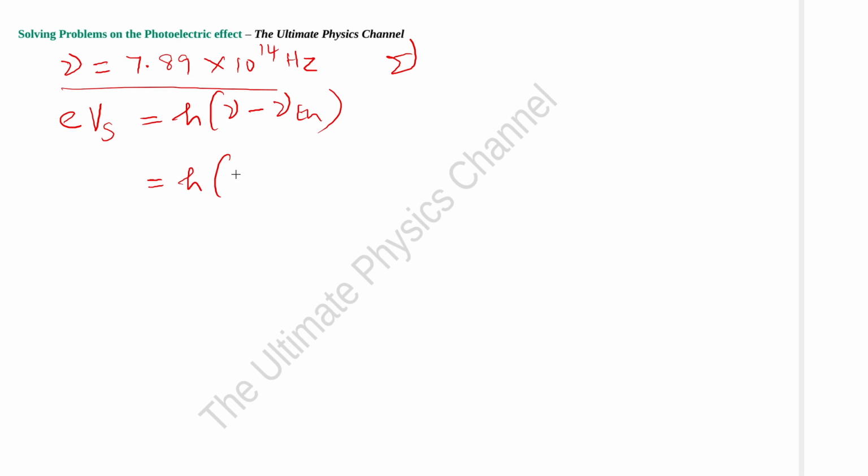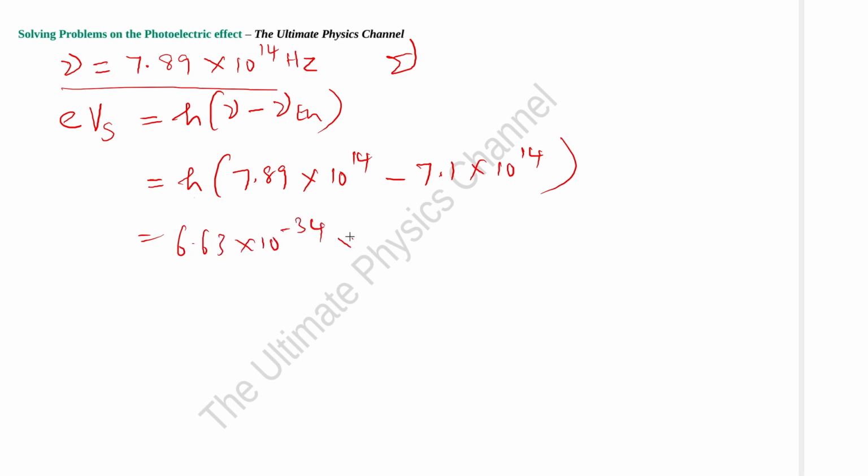So 7.89 times 10 power 14 minus 7.1 times 10 power 14, and this is 6.63 into 10 power minus 34. So if we plug in the numbers, here we get 0.79 times 10 power 14 hertz.